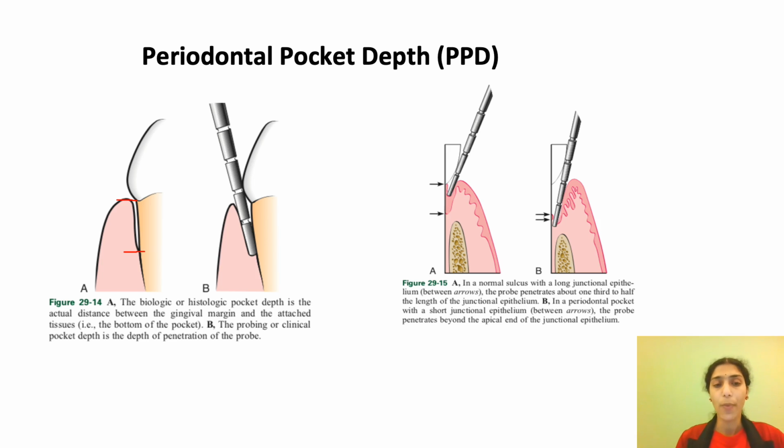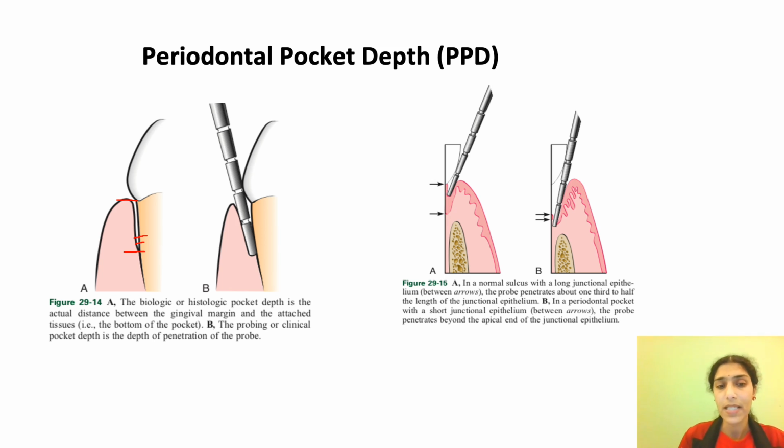But when we really probe with a periodontal probe, the probe may not really reach until this extent. The probe may stop only until here or here, right? So it depends on various factors which we will look into later. That is the reason we say probing pocket depth, we don't say the actual pocket depth. Whatever depth we can measure when we probe is called probing pocket depth or clinical pocket depth, and that is nothing but the penetration of the probe from the gingival margin.